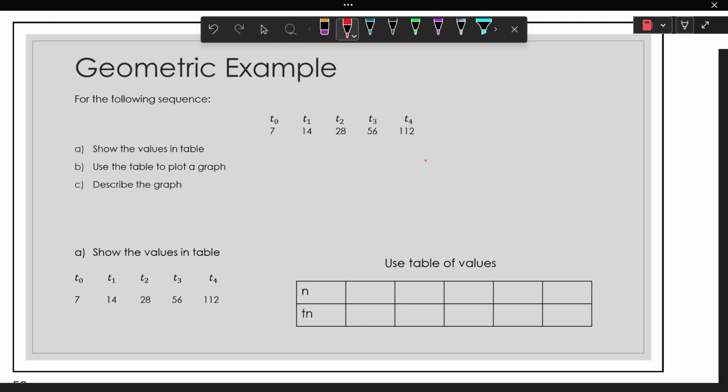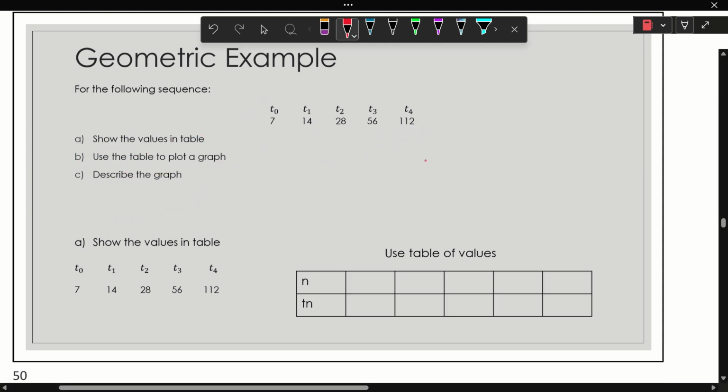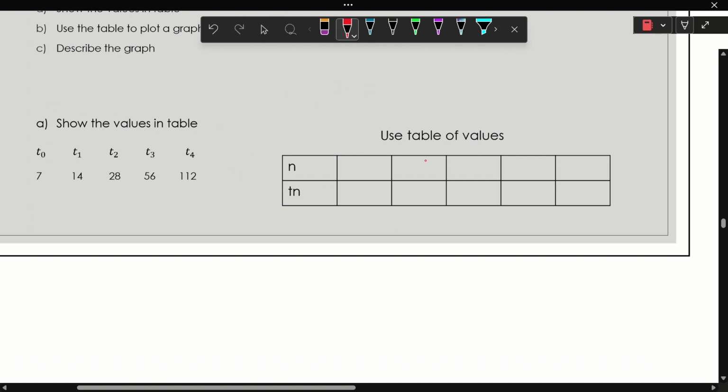We're nearly done. So for this sequence, we need to put the values in a table. We need to plot the graph and then describe the graph. So that's easy. So with these questions, guys, remember for the n, that's the term number. So we'll start with the start: 0, 1, 2, 3, 4. Okay, that's what we're putting in. And then for Tn, that's what the value is for that number.